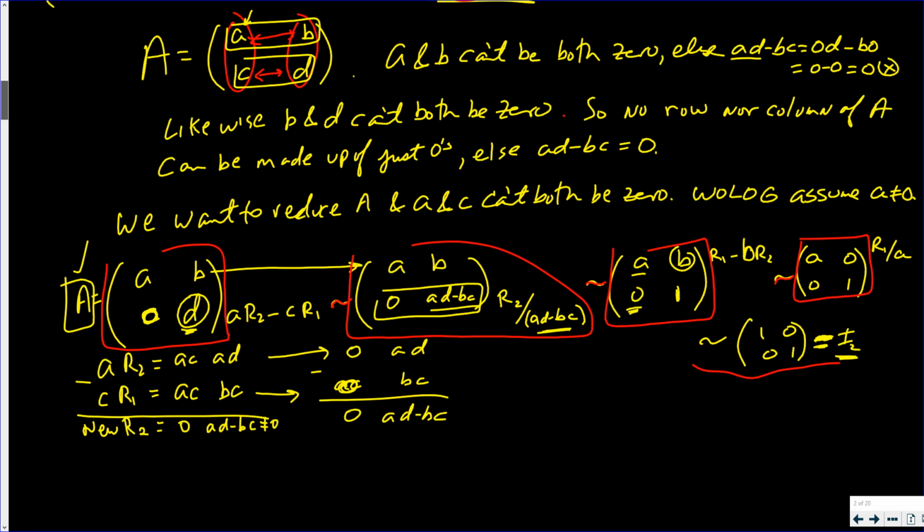And maybe over here we should mention that D is not 0 if C is 0, because else AD minus BC will be 0. And let us put the C back here.